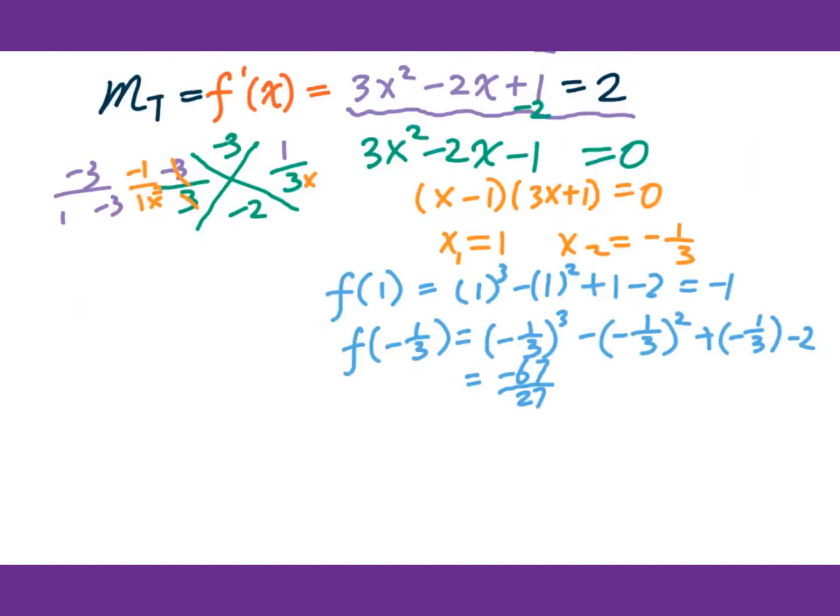You will get -67/27. So (1, -1) and (-1/3, -67/27) are the points we are looking for.